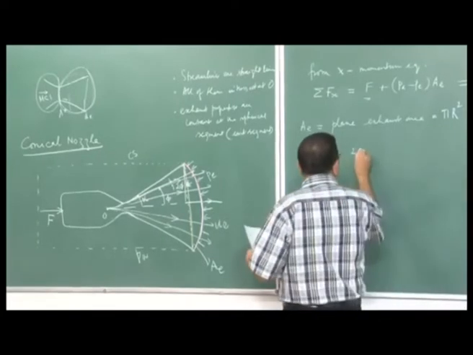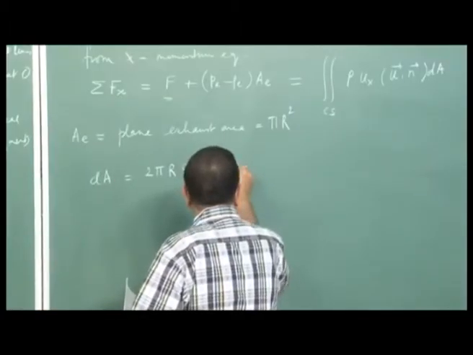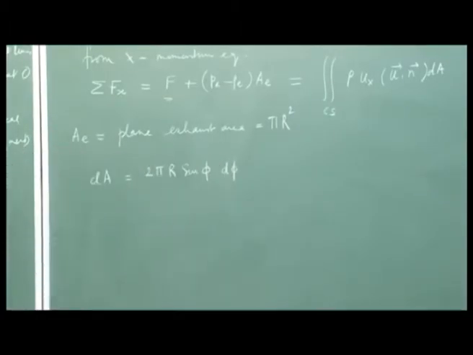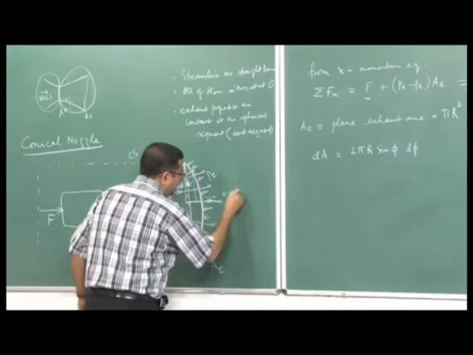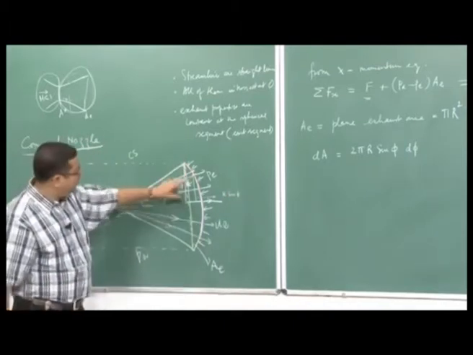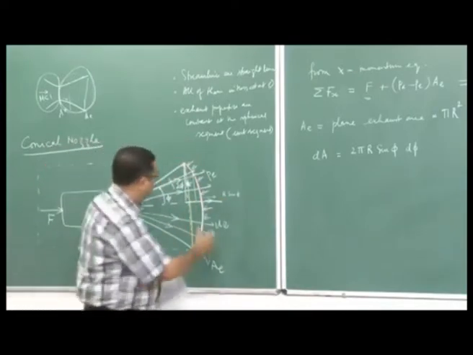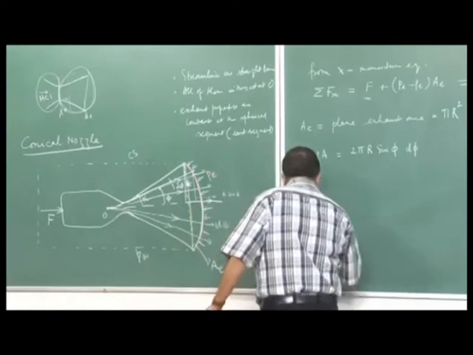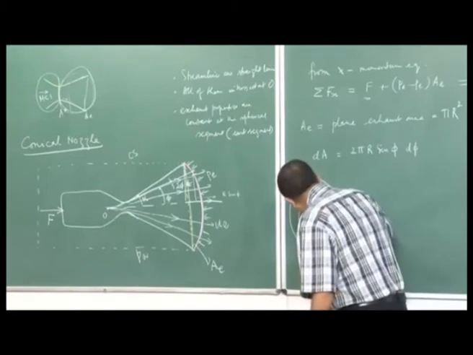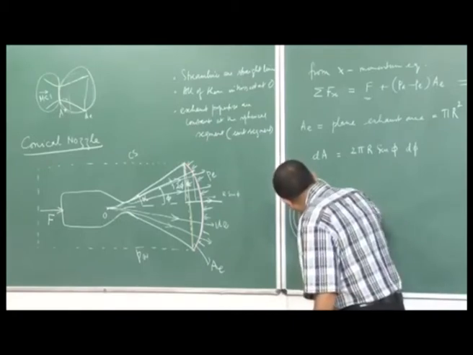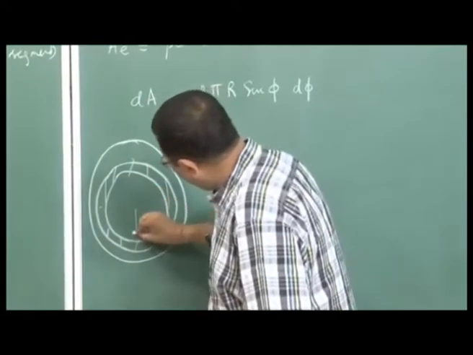Then dA is going to be equal to 2 pi r sin phi d phi. This is r sin phi. Remember this is a conical area, so if I look from this side, it is a circular shape. I am trying to find out a small concentric area like this.